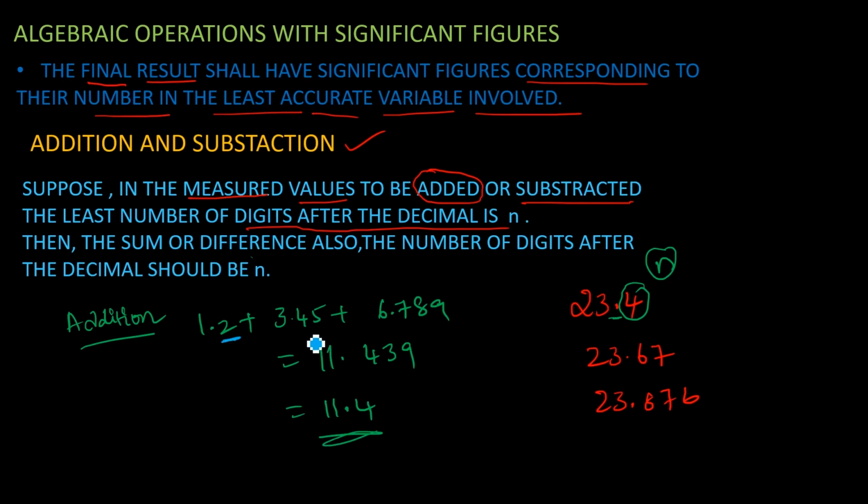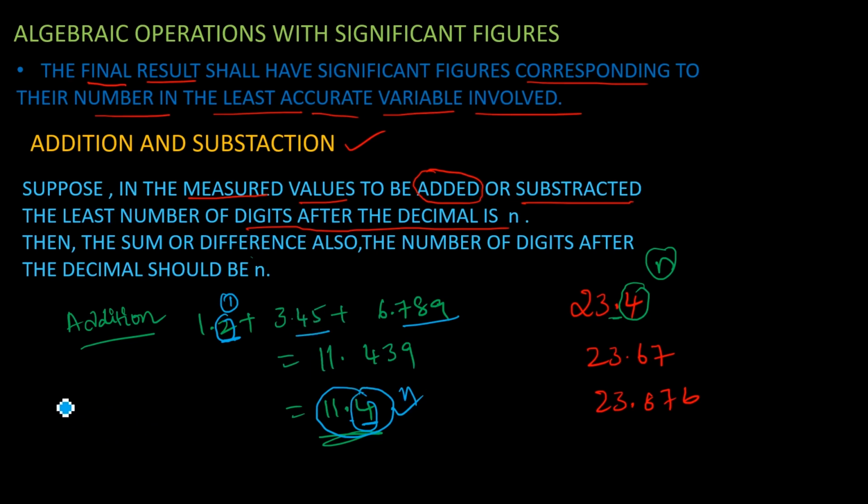Here the least number of digits after the decimal is 1, that is n. In the final result, after the decimal we got 1 only, that is n. That is the meaning of the statement.